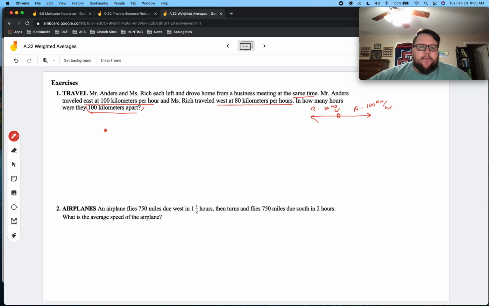So I'm going to set this up as 100 kilometers per hour times our time, t, plus Miss Rich's 80 kilometers per hour times t. And we want to know when that equals 100 kilometers. So that's our function.